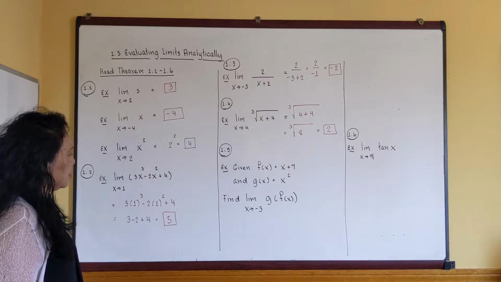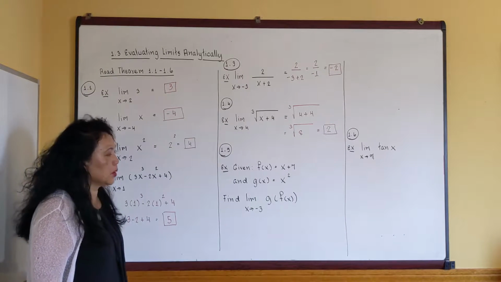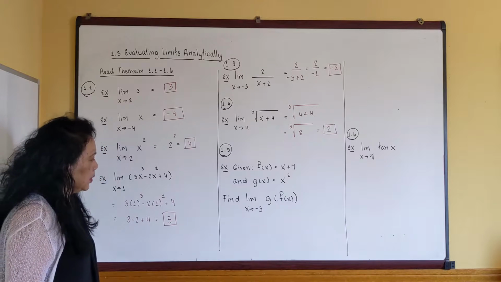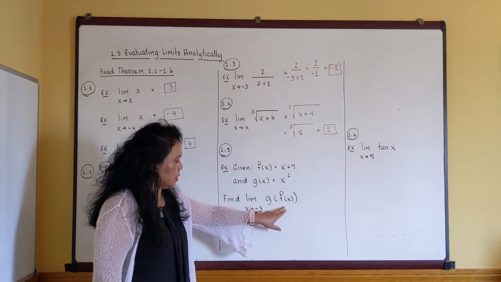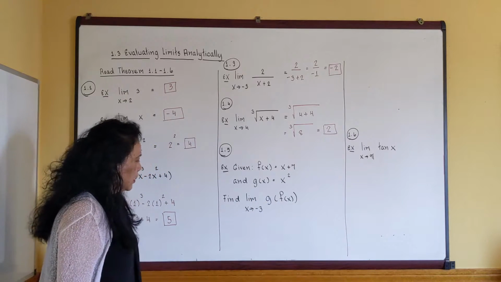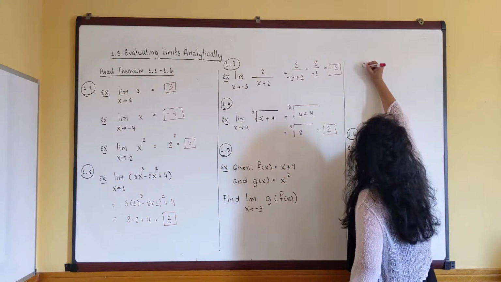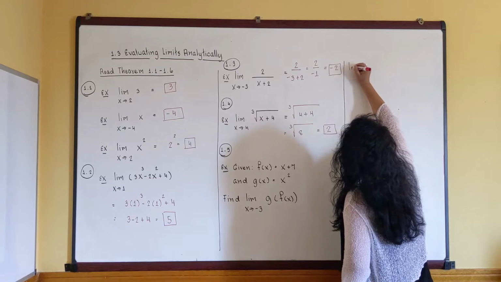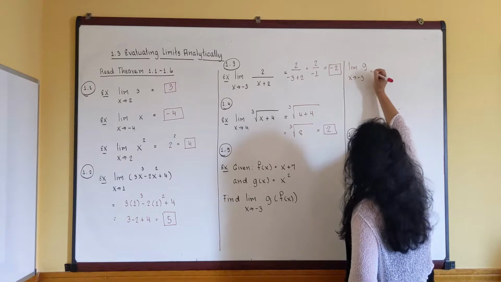Theorem 1.5: if you have 2 functions and you want to do composition, again, you're allowed to do direct substitution. I have f of g of x, so the inside function is g of x. If I do direct substitution, I have the limit as x approaches -3.